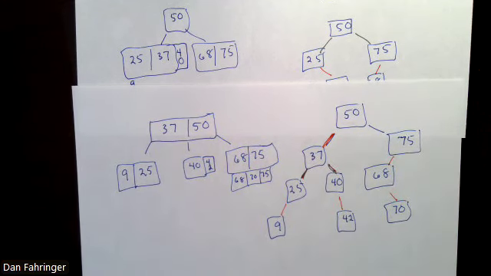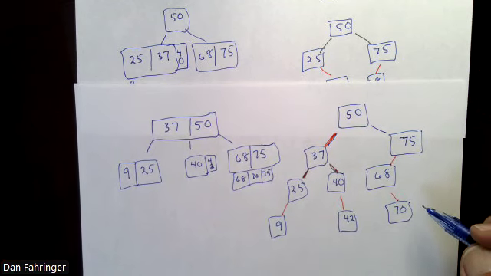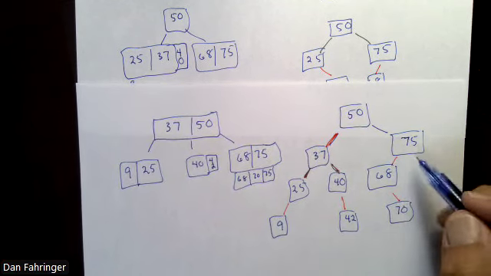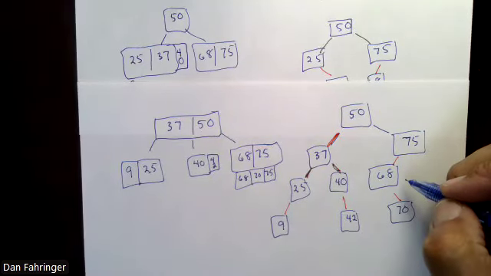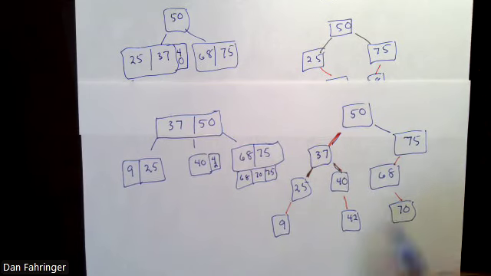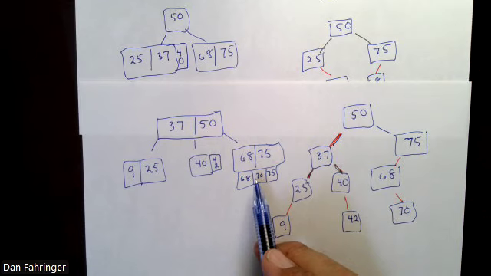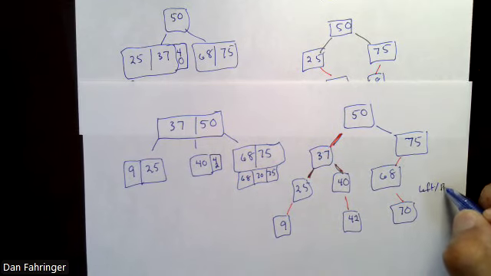Uh-oh, what do I need to do? You do a left rotation on 70 and then a right rotation on 70, because we need to get that in the middle. So this time we'd actually have to do a left right rotation.